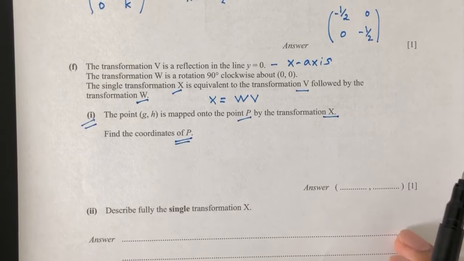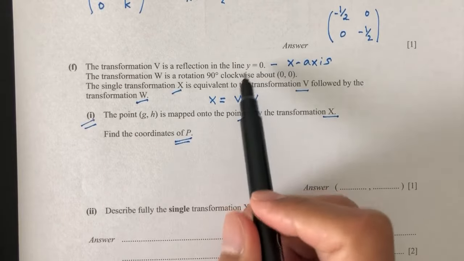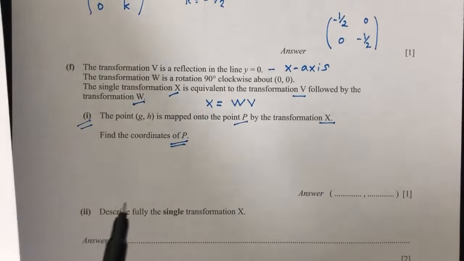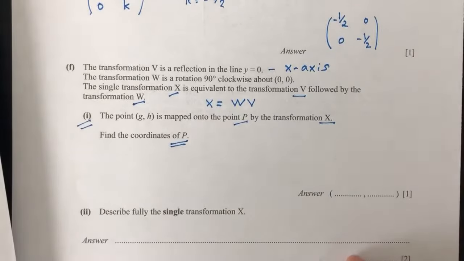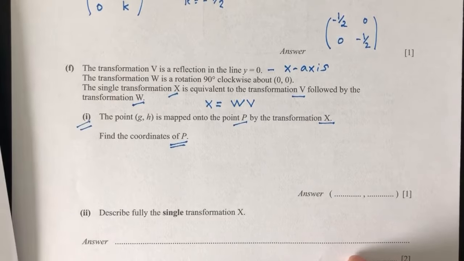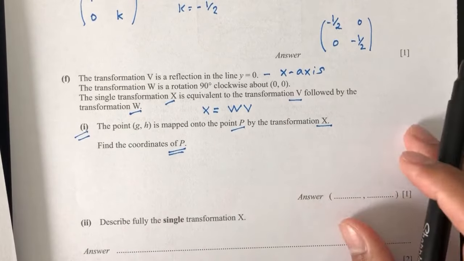So we can find this. What we can do as well is just find the matrix and then find the value of X. Let's try. What is the matrix for the reflection in the x-axis?